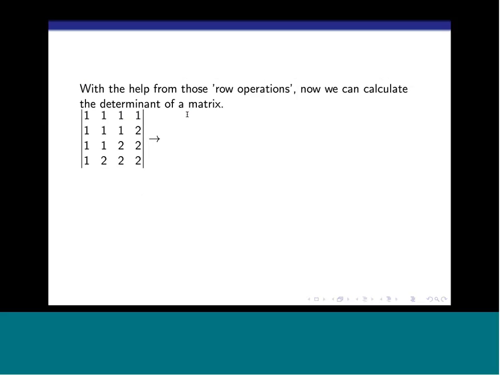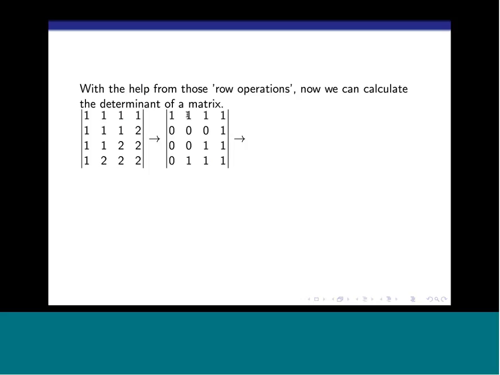So we're using row operations. The first row times minus 1, add to the second row, add to the third row, add to the last row. This will not change the determinant, so the value is the same.